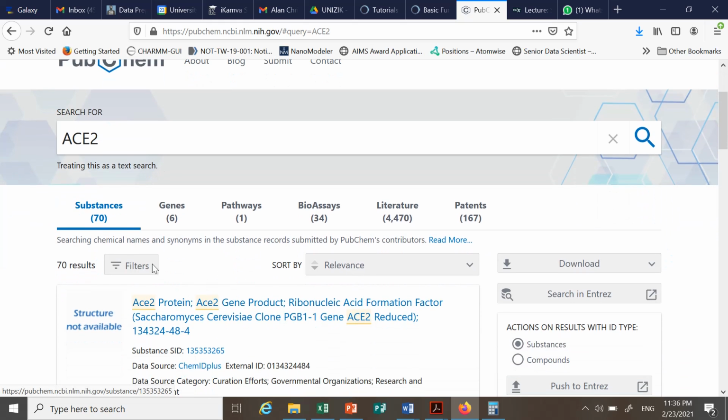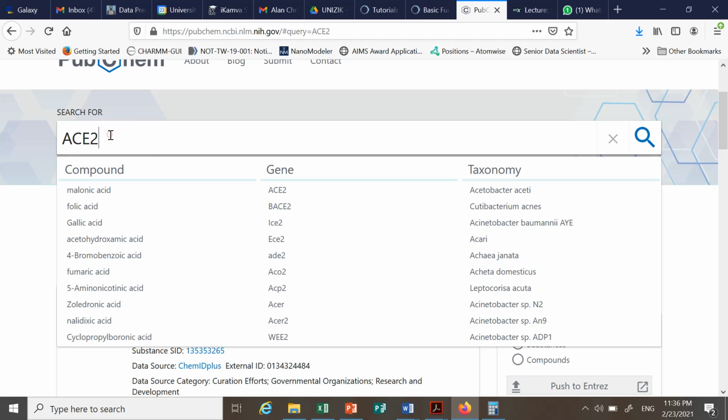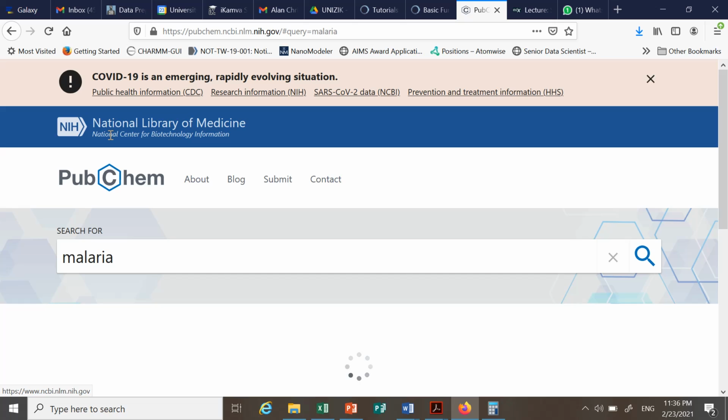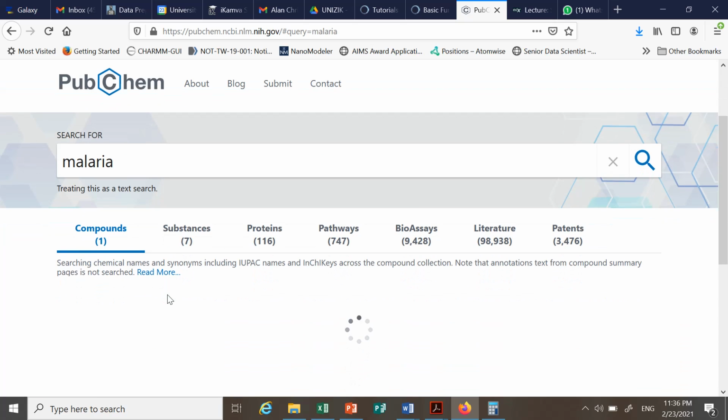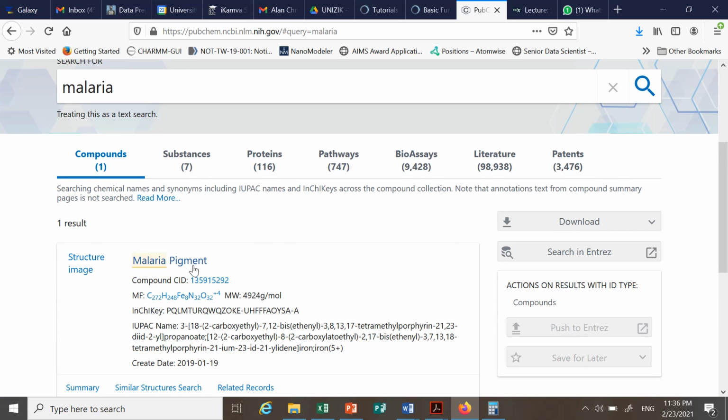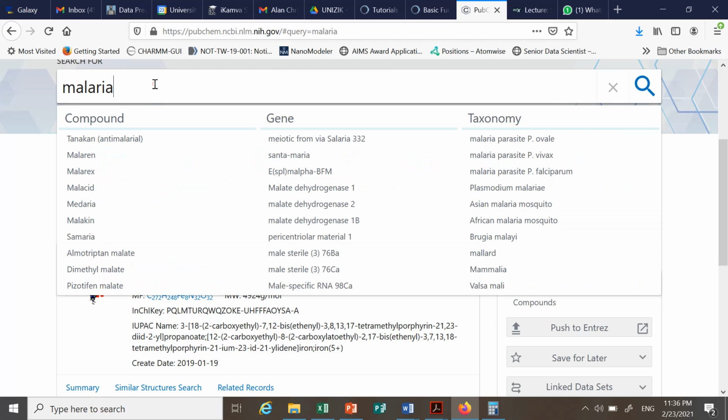Yeah, no, they are substances, not compounds. All right. So I'm trying malaria pigment.